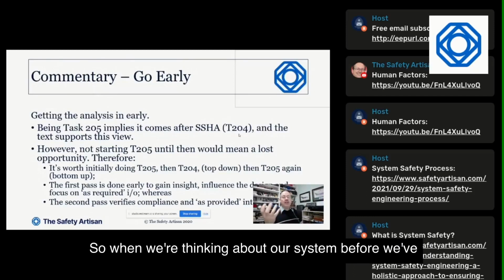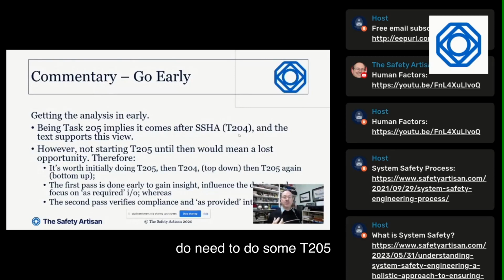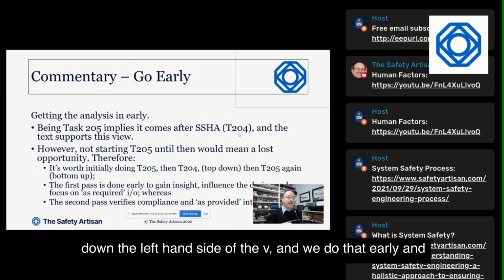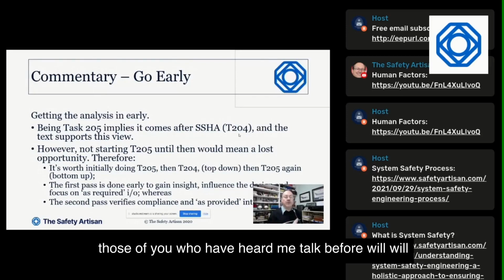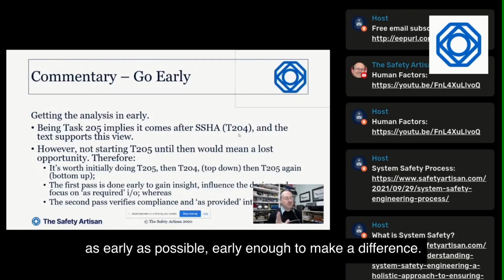So when we're thinking about our system before we've even developed the subsystem specifications, we really do need to do some 205. So we need to do some 205 top down as we go down the left hand side of the V, and we do that early. And those of you who've heard me talk before will know that I always bang on about doing safety analysis as early as possible, early enough to make a difference.